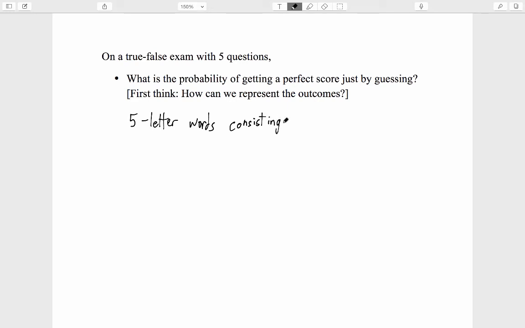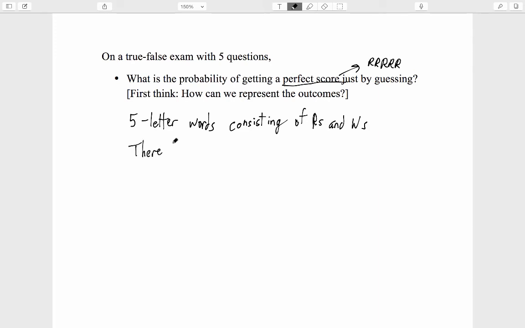So let's think about 5-letter words consisting of R's and W's rather than T's and F's. You could work with T's and F's if you wished, but I think it's easier to work with this notion of right versus wrong answers. In particular, a perfect score corresponds to one and only one of our 5-letter words, namely RRRRR, all correct answers.